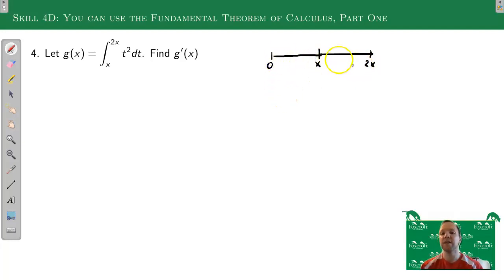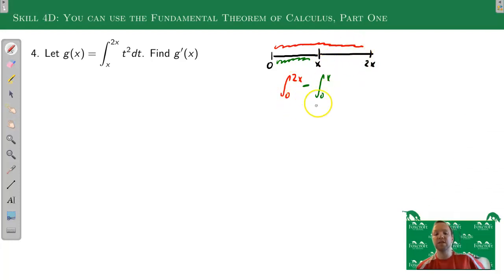And how would these combine to give me the one I want? If I do from 0 all the way to 2x, so I do the integral from 0 to 2x, that's this whole red section. And then I do the 0 to x, that's this green section. If I subtract away the green from the red, then I'm going to get the part I actually want.